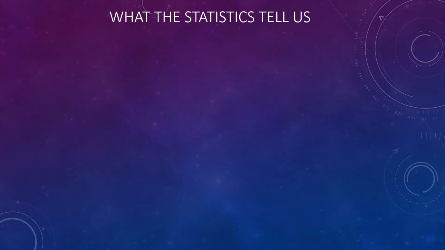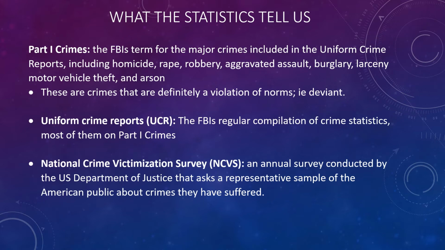So let's look a little bit at what statistics tell us about criminal justice, criminology, and deviance. One of the key definitions that we need to understand these crime statistics are what the FBI labels as Part 1 crimes. These are major crimes included in the Uniform Crime Reports, which are a very important document in studying the realm of criminology.